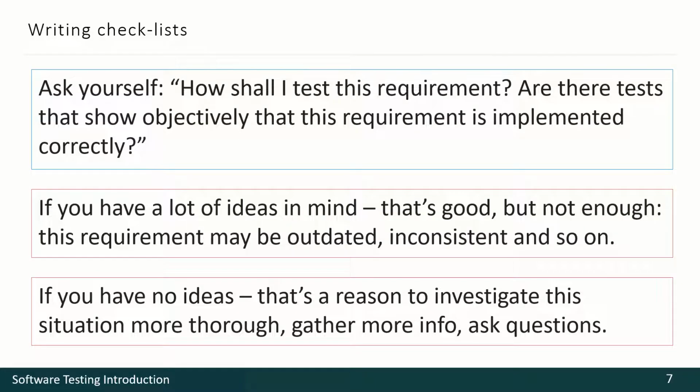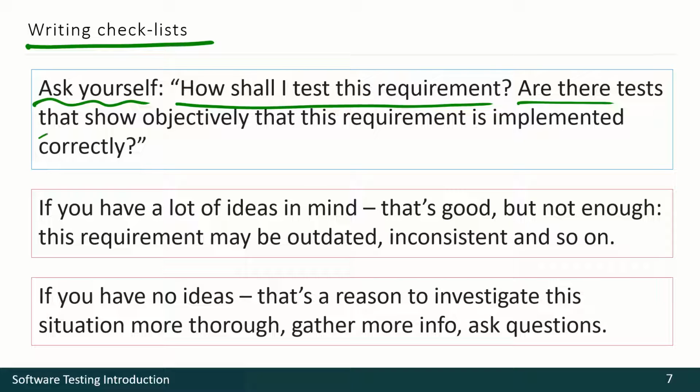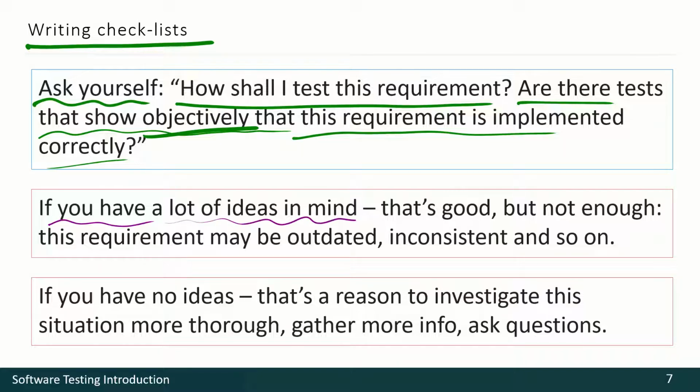The next technique is writing checklists. You should ask yourself, how should I test the requirement? Are there some tests that show objectively that this requirement is implemented correctly? Of course, even if you have a lot of ideas in mind, that's good, but that may be not enough, because a requirement may be somehow outdated, inconsistent, and so on. So use any other technique to check that.